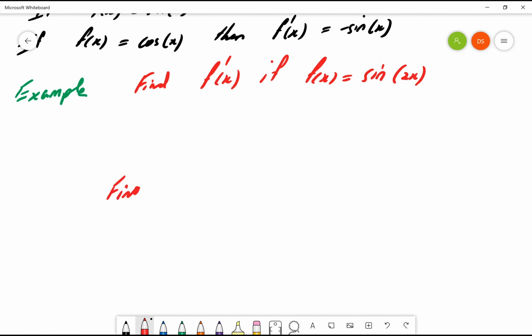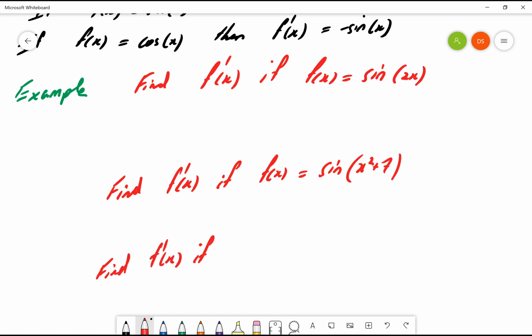Find f dash of x if f of x is equal to sine of x squared plus 7, and then find f dash of x if f of x is equal to sine of x squared plus 7 to the power of 3.